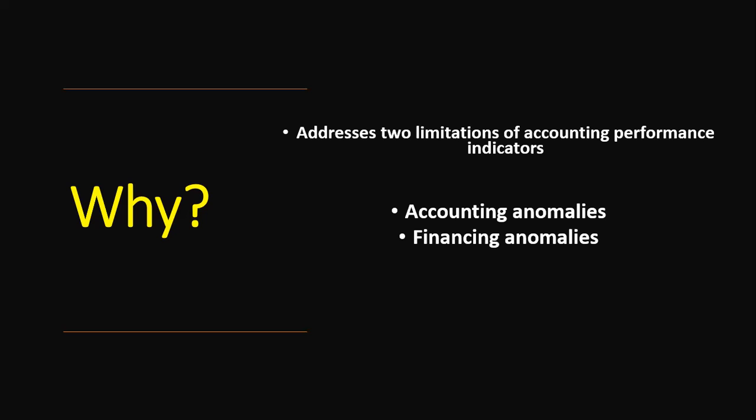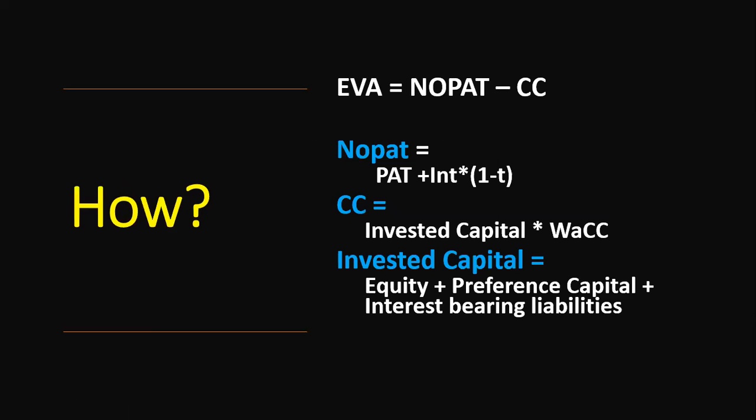So the sources of money are treated differently in the income statement. So we need to keep in the back of the mind that the return on equity of a company may be rising, may be very high, but it may not be meeting the expectations of the shareholders. Therefore, to address these two anomalies, we calculate the economic value added.